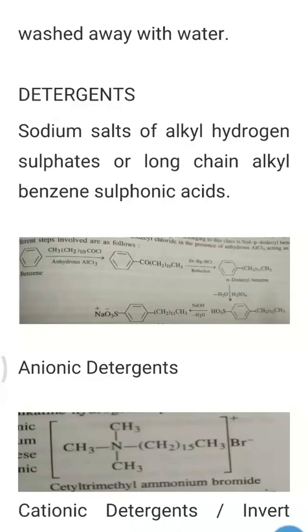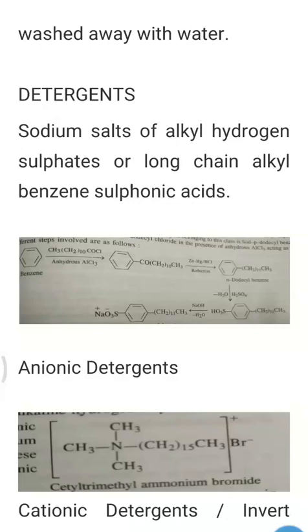Now this sodium lauryl sulfate, how is it prepared? Basically it is prepared from benzene. In the first step, this benzene will undergo acylation. So during that, an acyl group will be introduced on the benzene. Now it will undergo a reaction called the reduction reaction, Clemmensen reduction reaction, to form the dodecyl benzene.